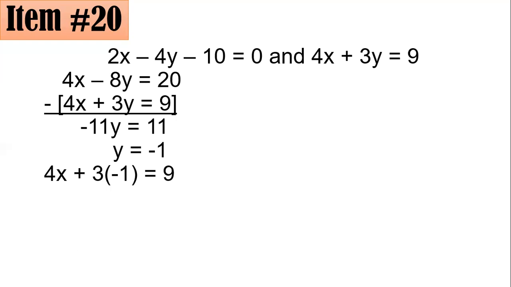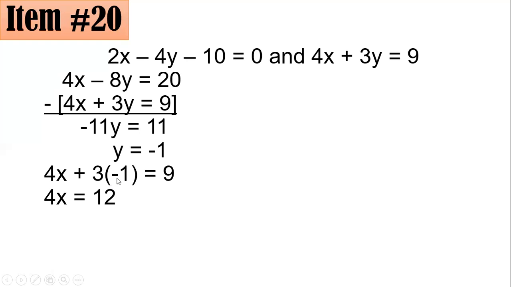In this case, you could substitute it in either of these two equations. In my case, I chose to substitute it in 4x plus 3y equals 9. I replaced the y with -1. So I have here 4x plus 3 times -1 equals 9. 3 times -1 is -3.